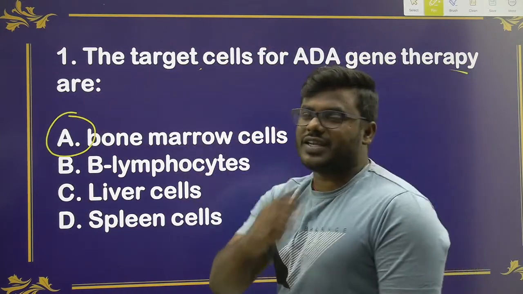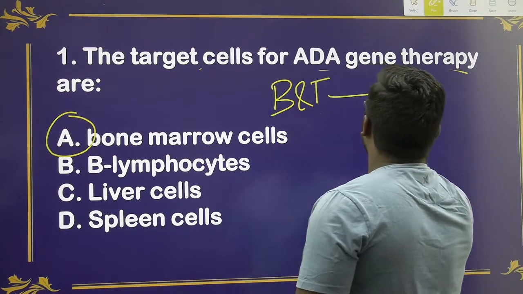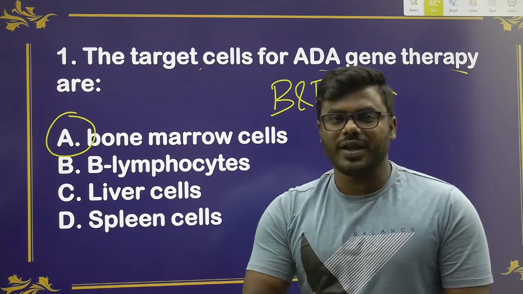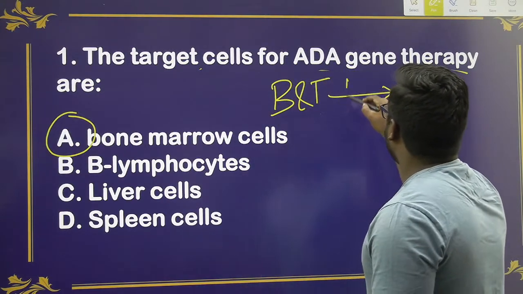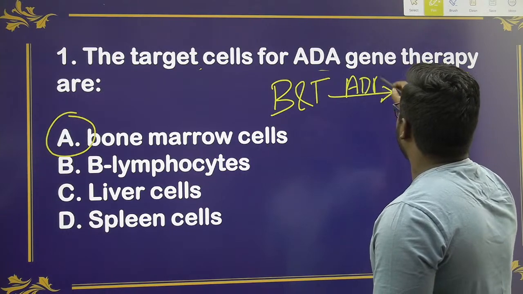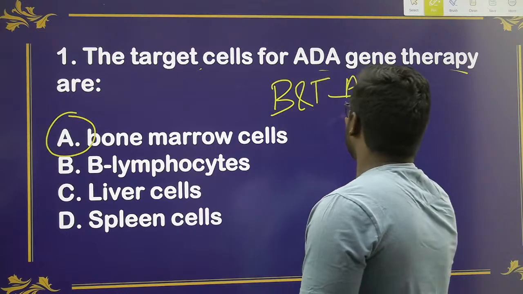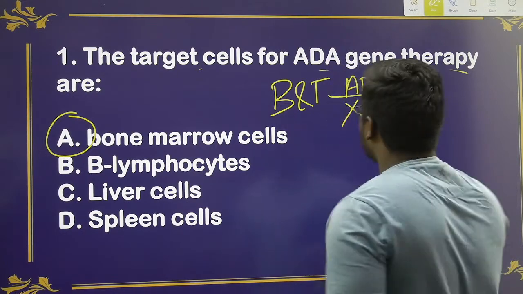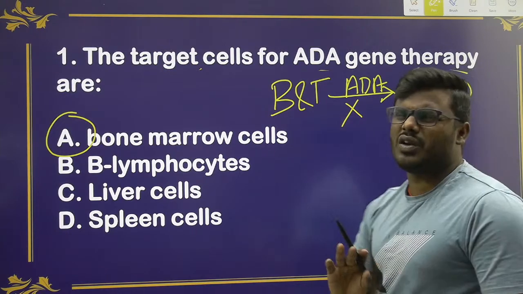Everyone look into the explanation please. You know very well B and T lymphocytes. If they want to be differentiated, they require an enzyme called ADA. Because of the deficiency of ADA, it causes a particular disease which we call SCID.